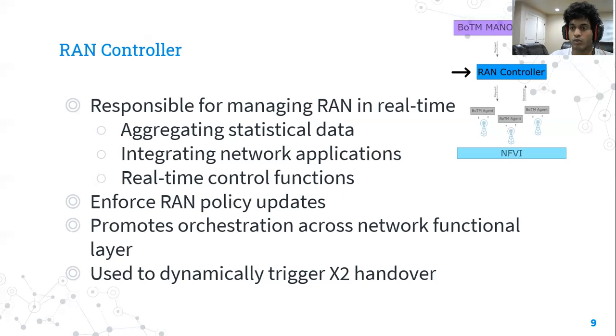And so what the RAN controller does is it promotes this level of orchestration across the network functional layer, which refers to the protocol interactions that happen at the base stations. And so in BoTM, we mainly use the RAN controller to dynamically trigger X2 handover.